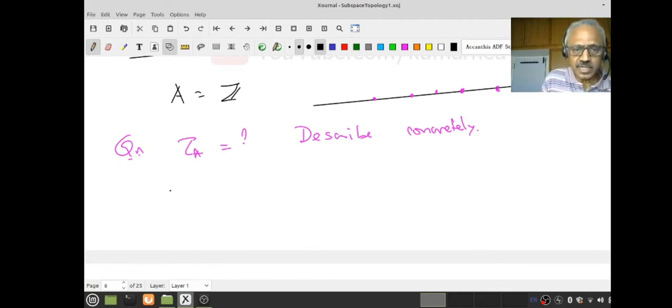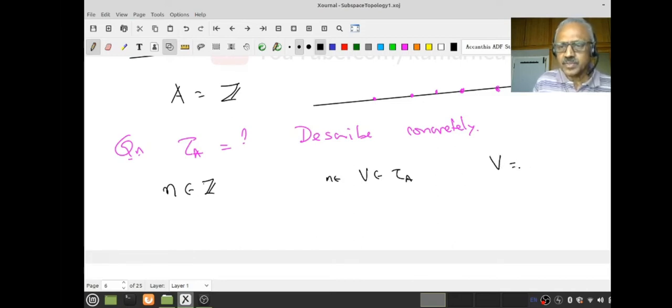So let us start with an integer n. What are the typical open sets? Now if B belongs to tau A and n belongs to this, then B is of the form U intersection A, that is U intersection Z, where U is open in R with the usual topology. Now n has to be there, therefore n must be in U also.